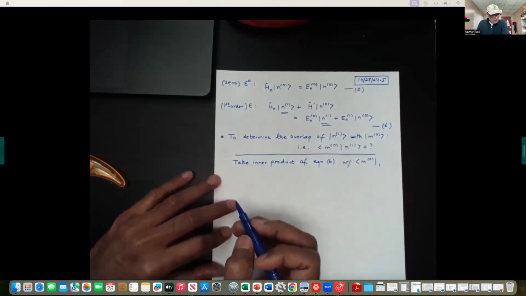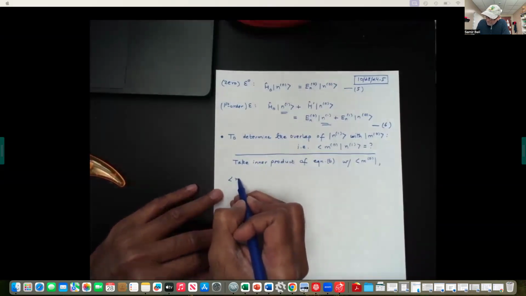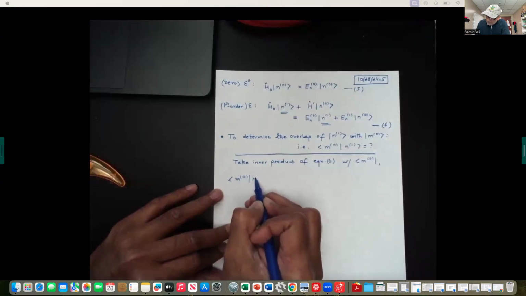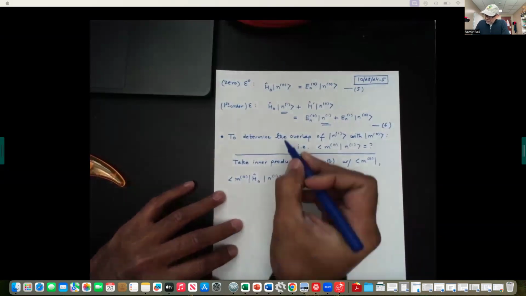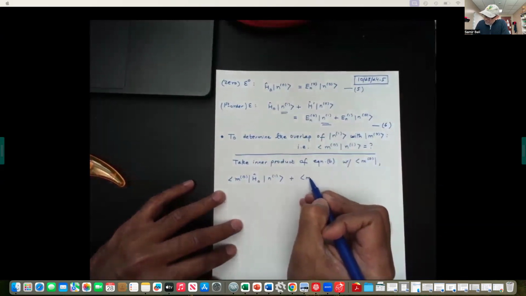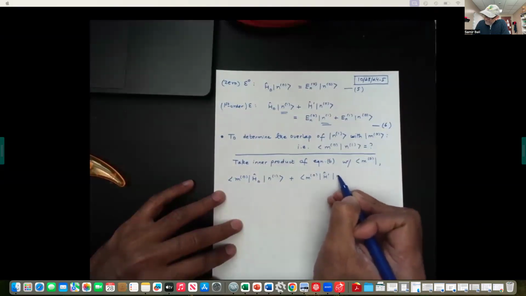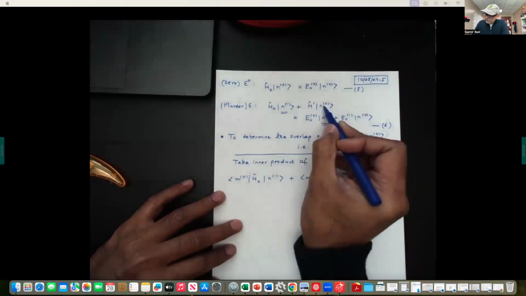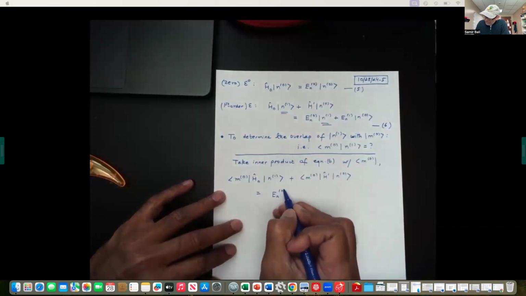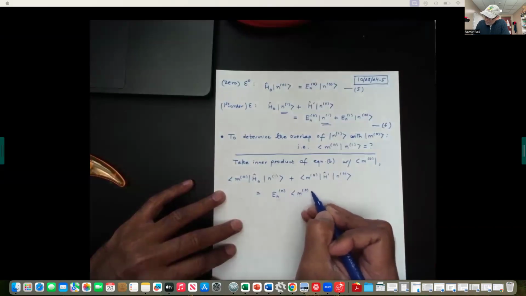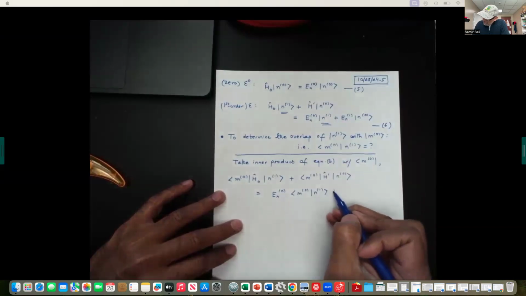So let's just do that. So equation 6, and let's take the inner product. So that's the first term, and then the second term, and then the right-hand side, the first, and then the next.